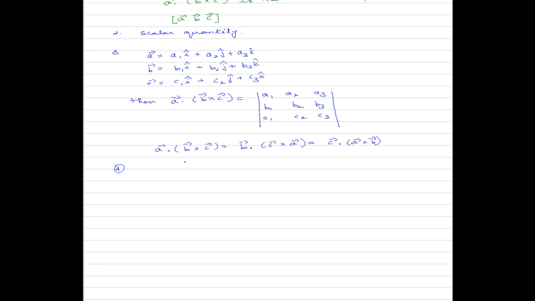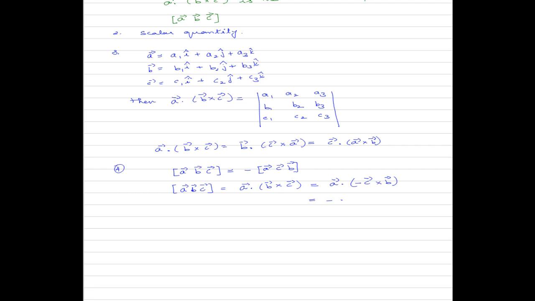Also, A vector, B vector, C vector is equal to minus of A vector, C vector, B vector, because you know that A vector, B vector, C vector is equal to A vector dot B vector cross C vector, which can be written as A vector dot minus of C vector cross B vector, because B vector cross C vector is minus of C vector cross B vector.